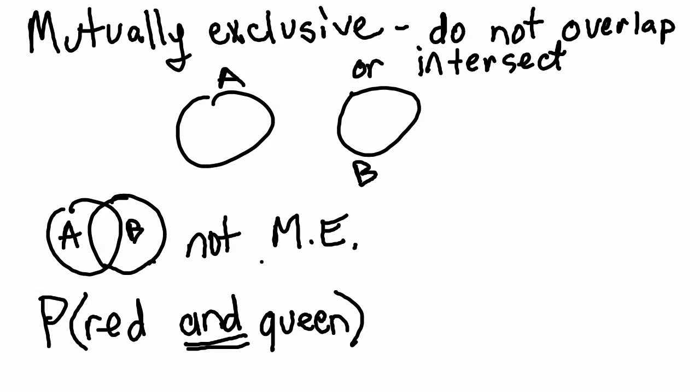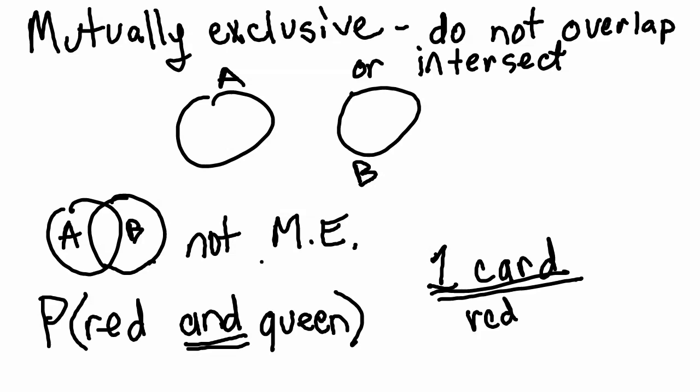I just have some examples that I'm going to talk about, because the wording is not tricky, but you just have to read it carefully. In this case, you have to remember that we're picking one card. So this would be red and a queen both at the same time.